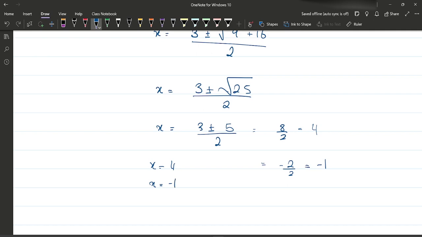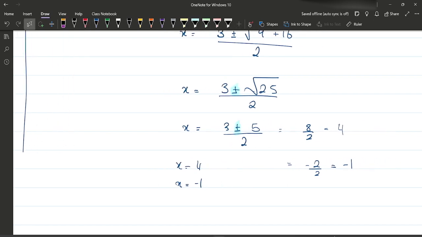But why are we using plus minus here? Well, it's quite simple, because if you have 5 squared, you'll get 25. But what if you have minus 5 squared? You'd still get 25, right? So if you were to square root 25, we don't know if we used plus 5 or minus 5.